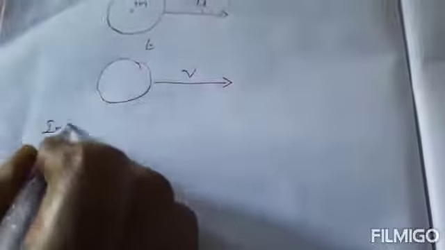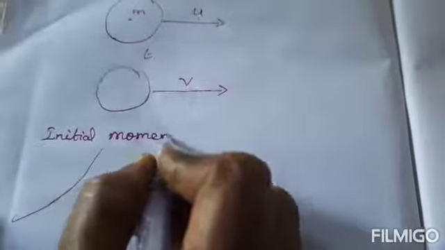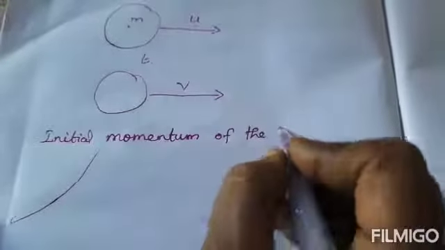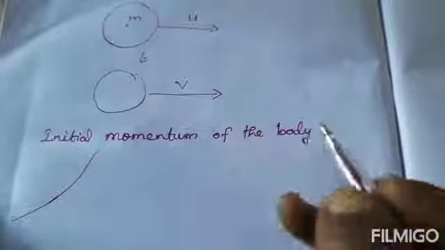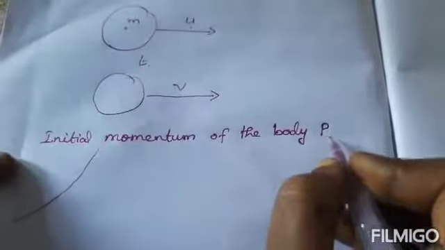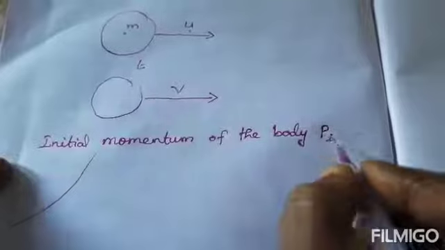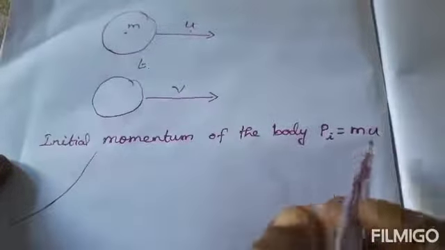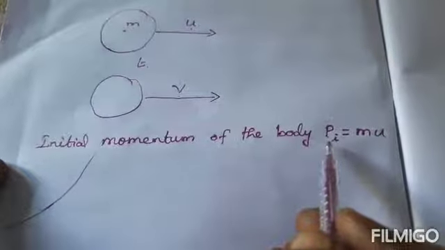First, the initial momentum of the body. Already I told you momentum is denoted by the letter P. Initial, I is the suffix, Pi, like this. You have to write mu. So you know the momentum formula. What is the formula for momentum?